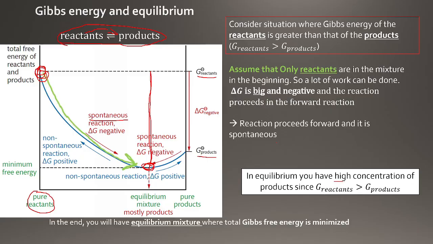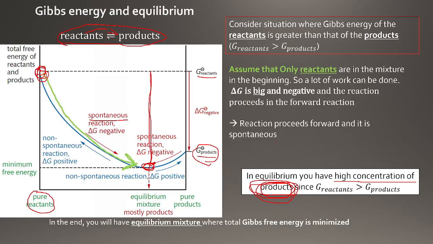I'm sorry, no. High concentration of products. So most of the substances are products there. Because if the Gibbs energy of the products is smaller than the Gibbs energy of the reactants, of course we will be closer on that end. So there will be more products in the equilibrium.